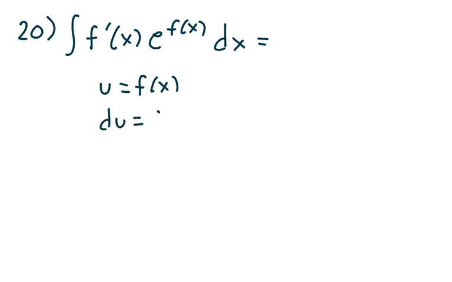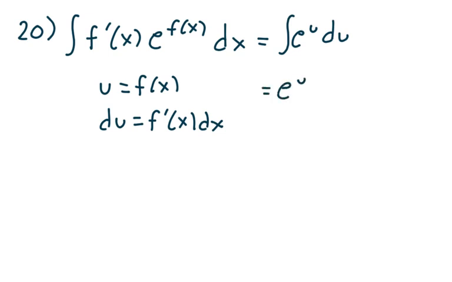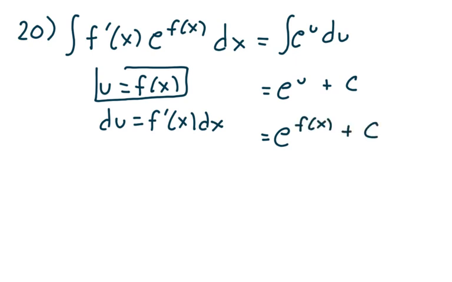Then du is f prime of x dx, and so this is the integral of e to the u du. That's how it's behaving, and so this is e to the u plus c. But u is f of x, and so this is e to the f of x plus c.